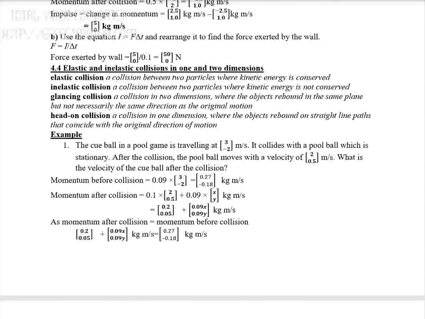Elastic and inelastic collision in 1 and 2 dimensions. When we say elastic collision, the kinetic energy of the system is conserved. If not, it's an inelastic collision. Therefore, elastic collision is a collision where kinetic energy is conserved.